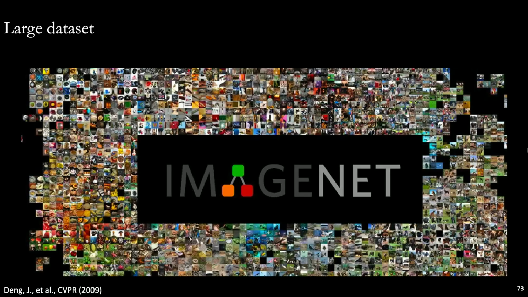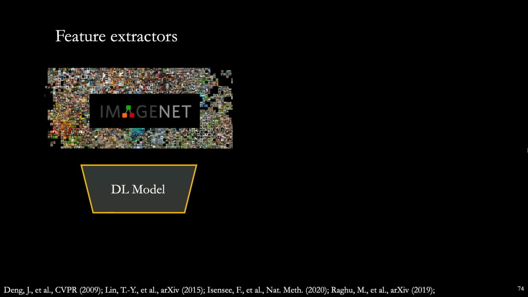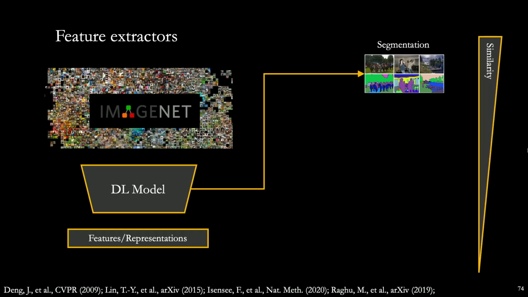One big data set that is known for pre-training is ImageNet. That's a huge data set that we use a lot in machine learning, of photos from the internet that are all labeled. And this could be a very good data set for self-supervised learning or to train foundation models. So we would use this huge data set, train a deep learning model to learn the features and the representation, and then we could fine-tune it on different pretext tasks.